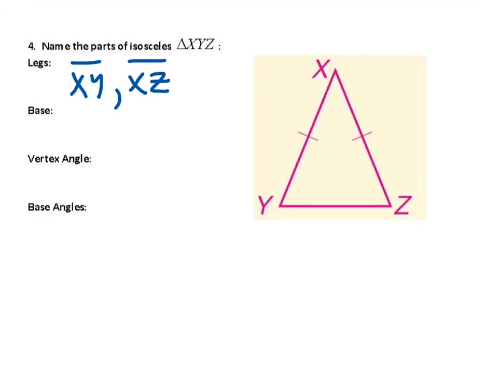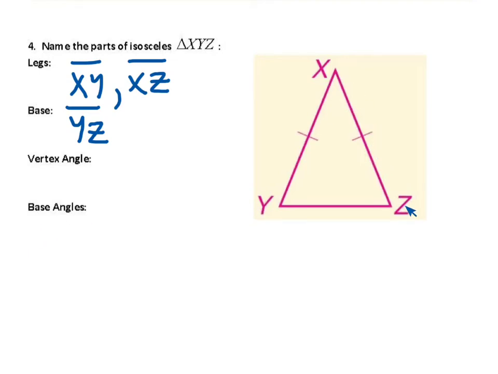The base is the side that's not necessarily congruent to the legs. So from this diagram, that would be segment YZ. Now, within an isosceles triangle, we have two different types of angles. We have what's called a vertex angle and base angles.